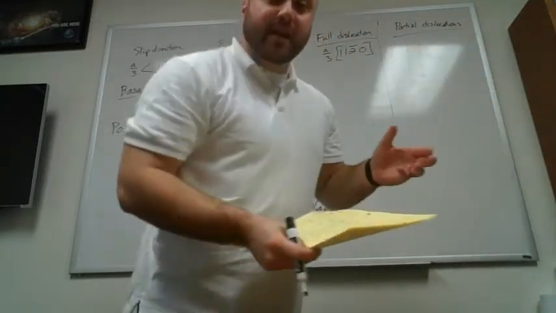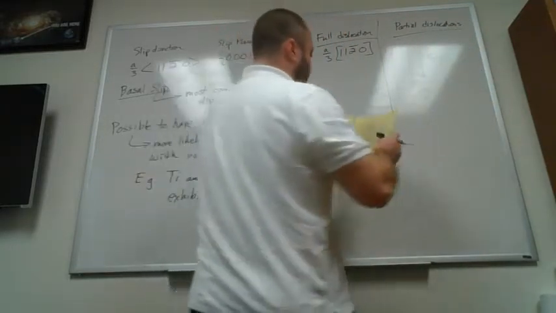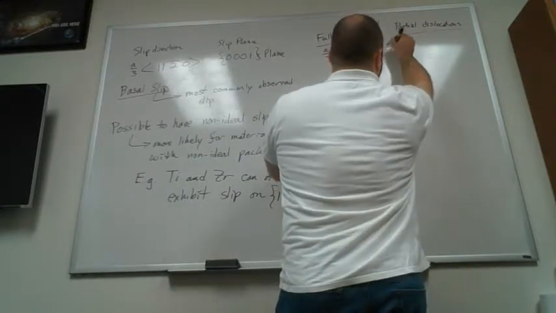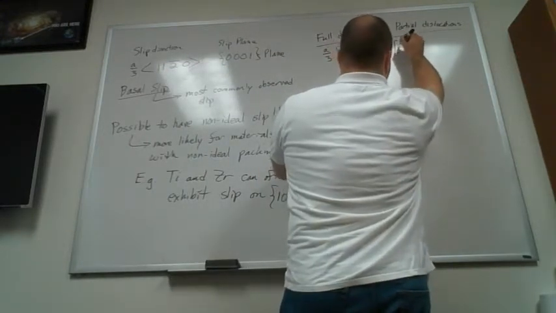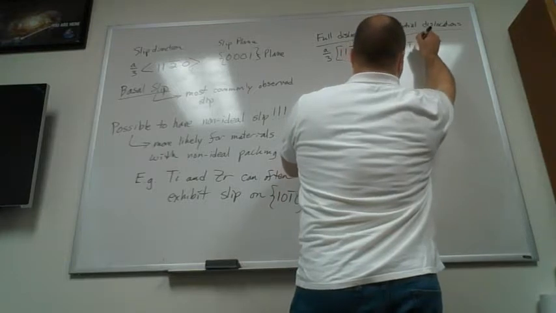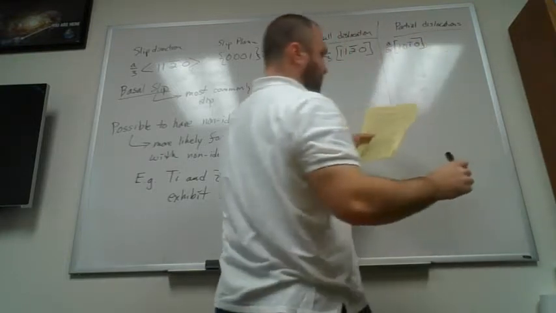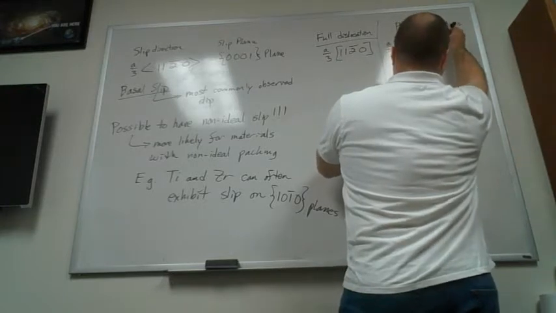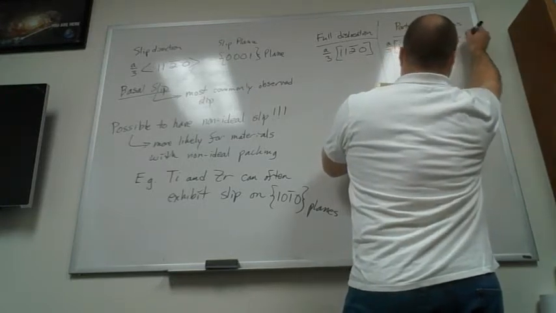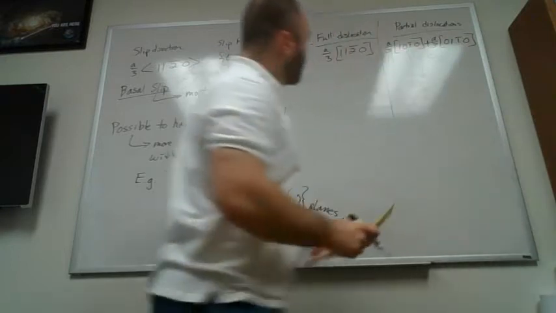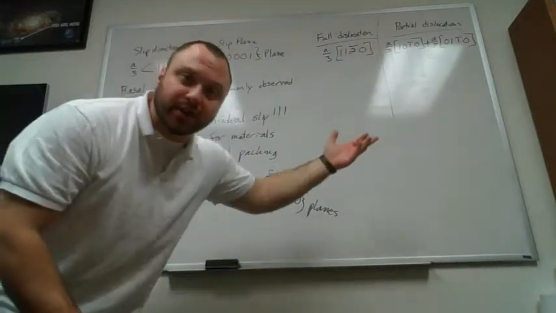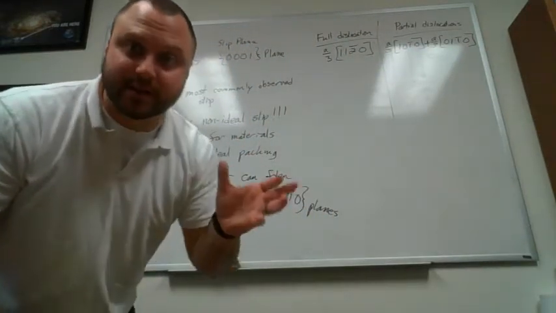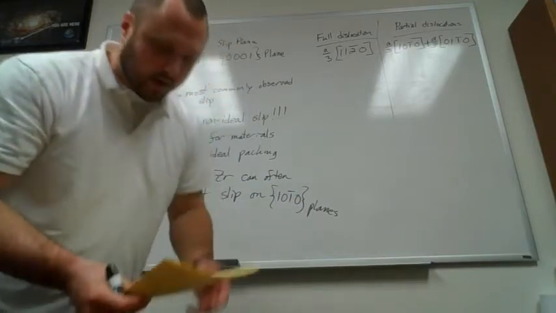And here we would have it splitting into two partial Burgers vectors. One would be a/3 <10-10>. And the other would be a/3 <01-10>. So, by the way, just a reminder, you can go back and check. We're still hitting our limits set by our Bravais-Miller rules.